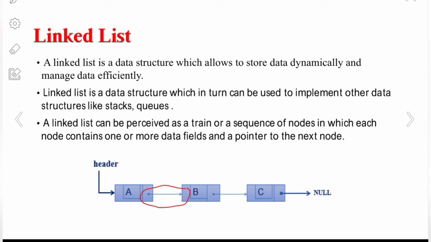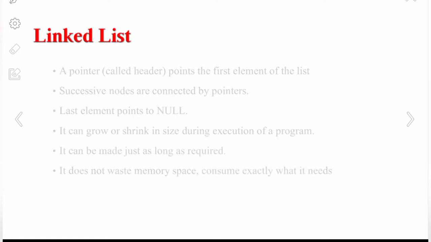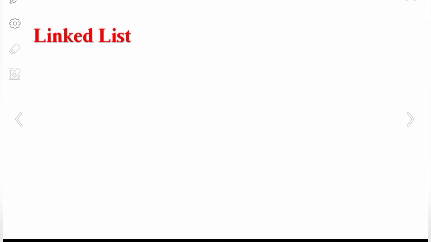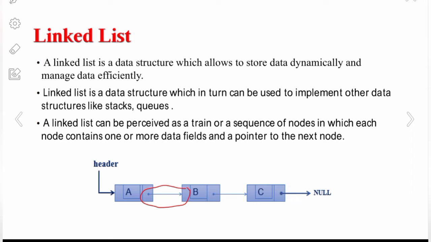So in the linked list we have certain features. A pointer called header points to the first element of the list, and the null variable denotes the end of the linked list.